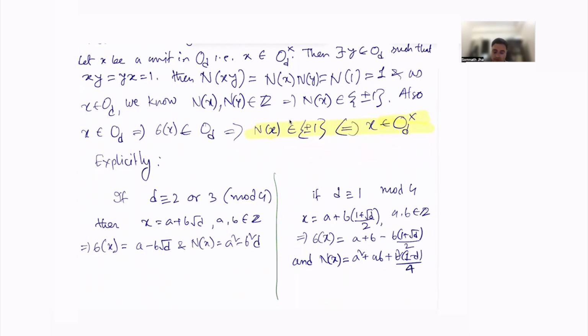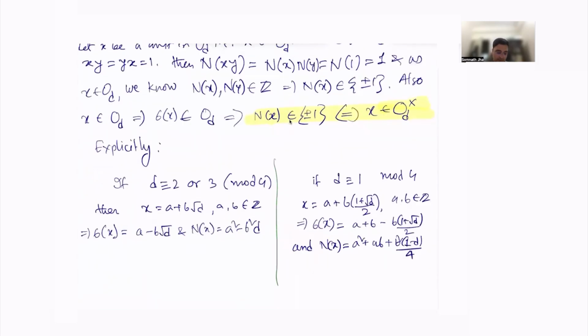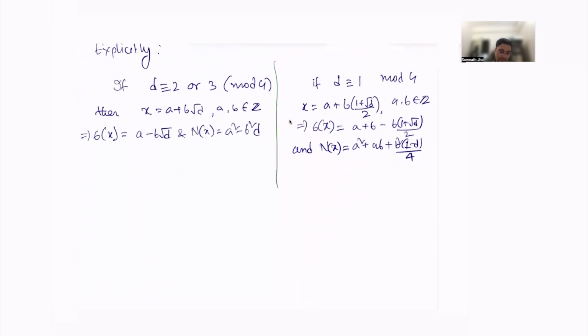And since d is 1 mod 4, d minus 1 is divisible by 4. So (d minus 1) by 4 is in Z. So that's how you can explicitly calculate the norm. And again, you can arrive at this. Okay.